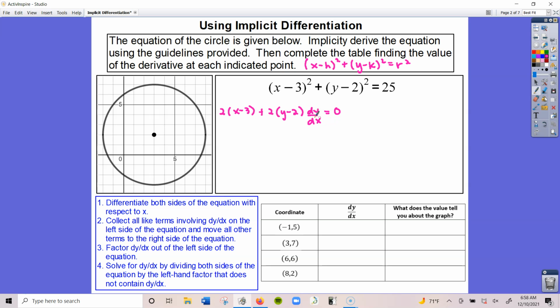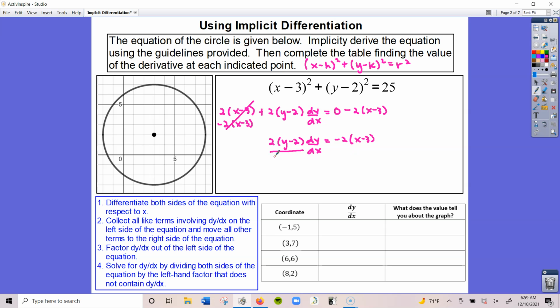And now I'm going to isolate dy/dx. So I'm going to subtract this 2(x - 3). You can distribute it if you like, I just didn't. And then we have 2(y - 2) dy/dx = -2(x - 3).